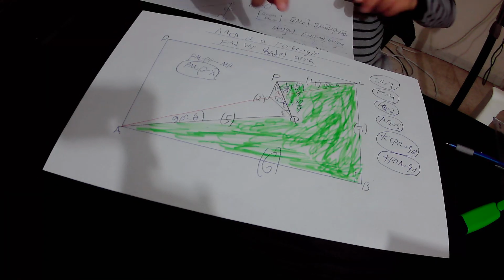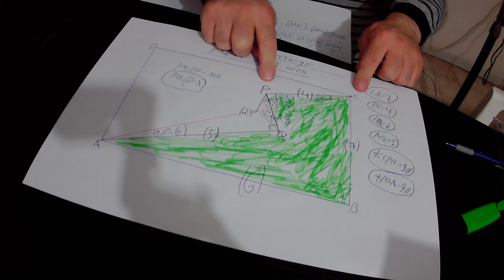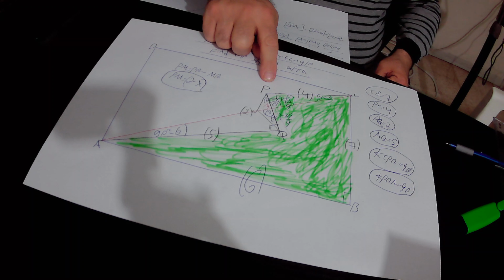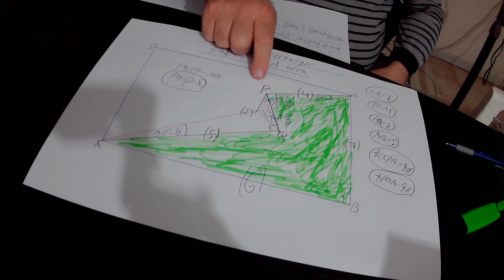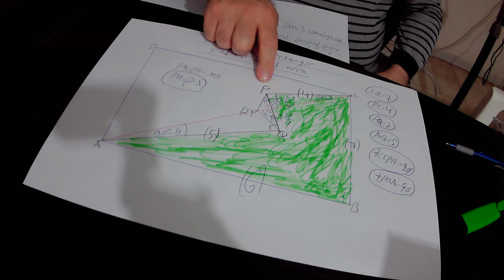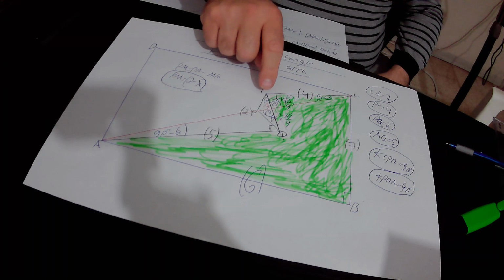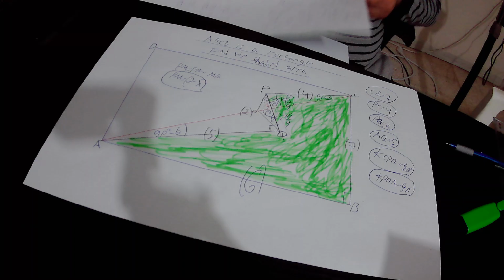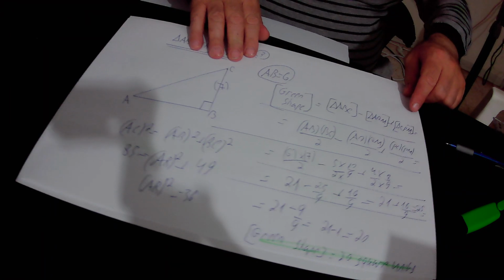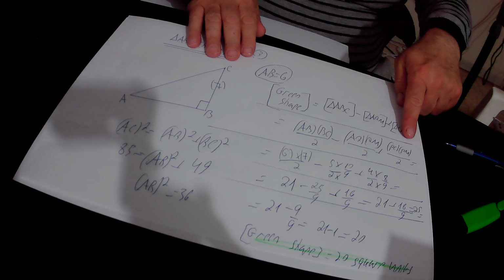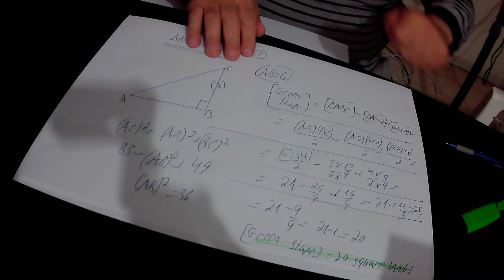Plus the area of this green small right triangle PMC. The area of this green small right triangle equals the base PC times the height to the base PM, over 2.